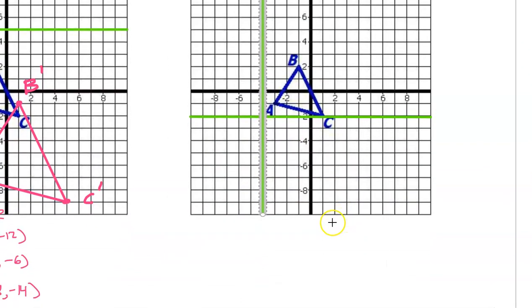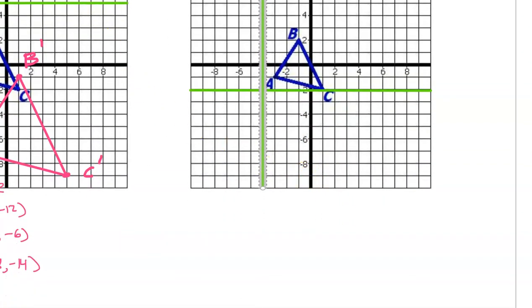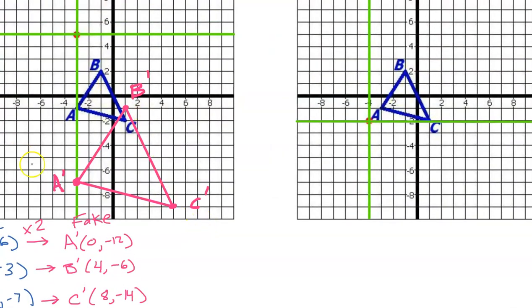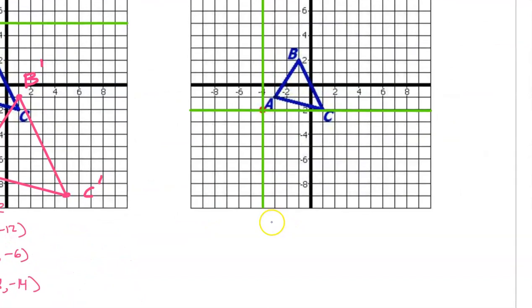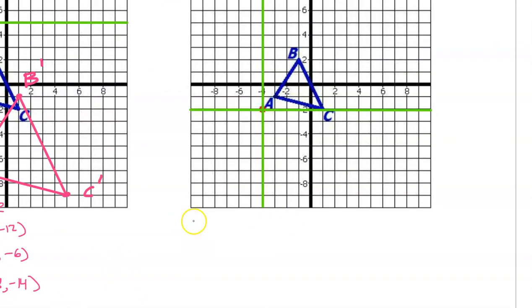So even though all of the coordinates that we use for the rest of this problem will be fake coordinates, the image will be in the correct place. So let's get started. Okay, I'm going to label this really clearly as fake coordinates. So here comes fake point A, would be 1, 1. All right, fake B is going to be 3, 4.